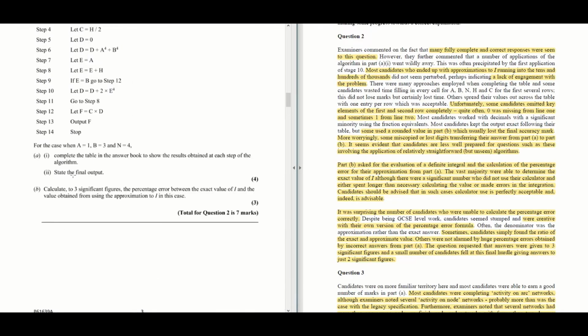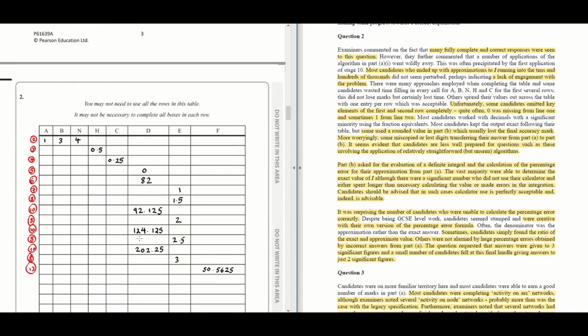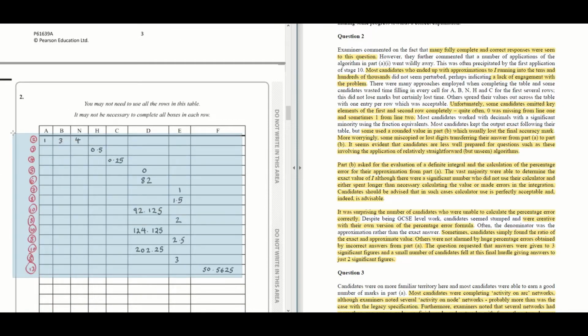For part B, where we had to calculate the definite integral and then calculate the percentage error, a lot of people did realize what they had to do, but a lot of people did not use the calculators and they were using exact values, because probably they were using exact values as found over here.